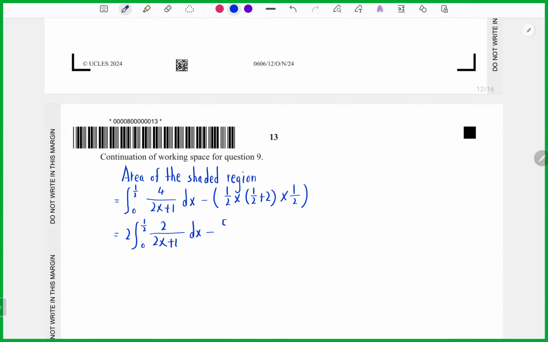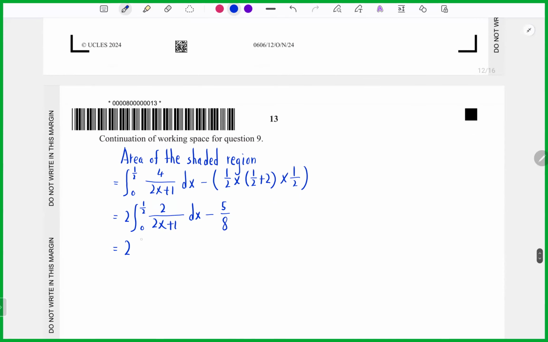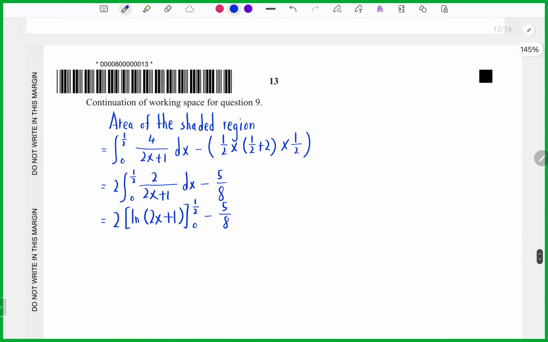So I will get 5 over 8 here. So it equals 2, I draw the big bracket, ln of 2x plus 1, from 0 to 1 over 2, minus 5 over 8. Equals 2 ln of 2 times 1 over 2 plus 1, minus ln of 2 times 0 plus 1, minus 5 over 8 here.